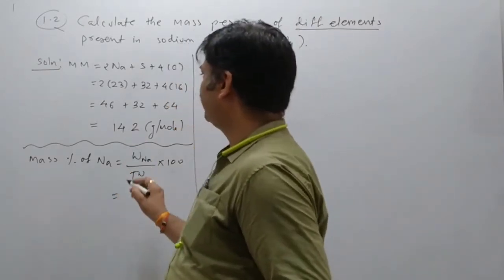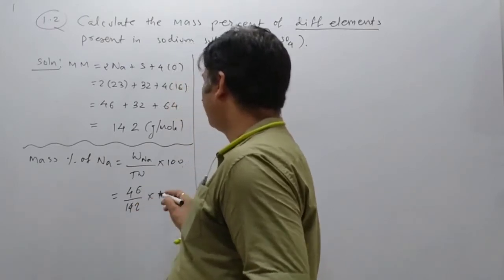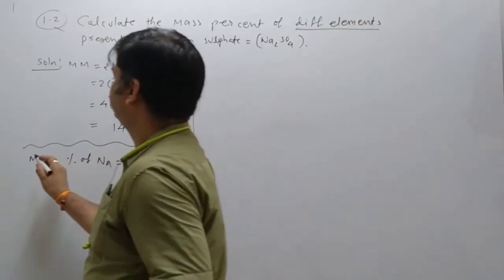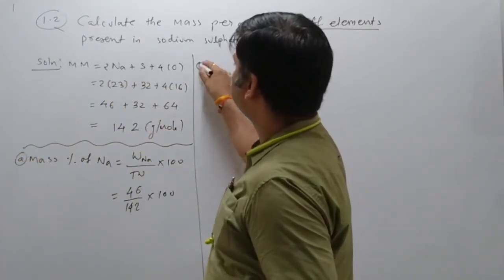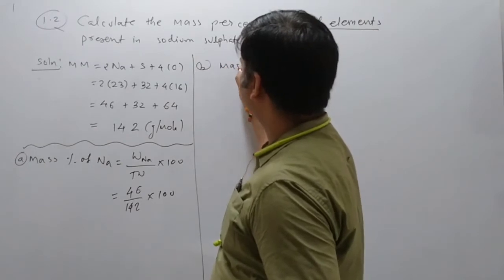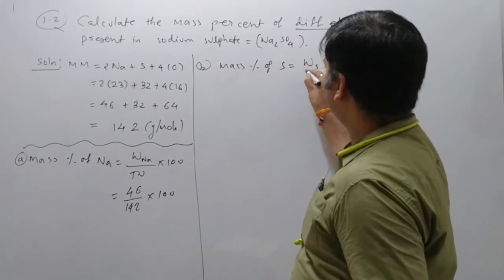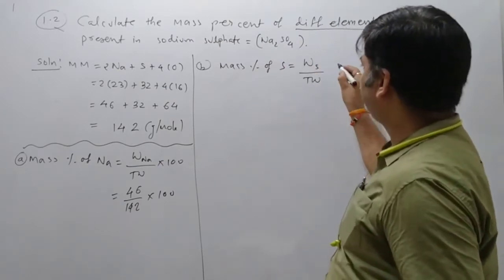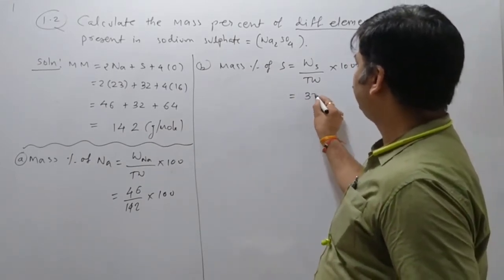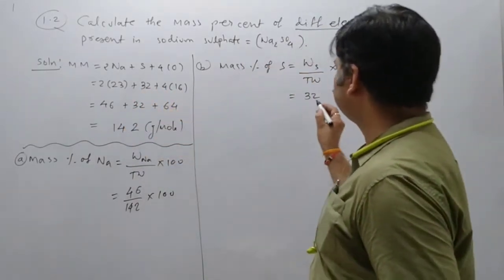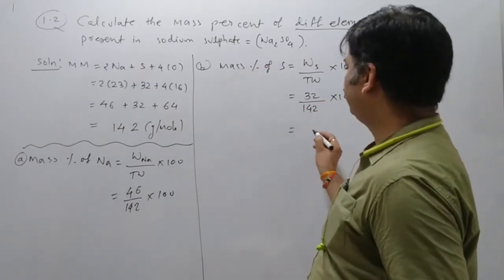The weight of sodium is 46, the total is 142, into 100. Similarly, this is A, mass percent of sodium. Second, mass percent of sulfur: the weight of sulfur upon total weight into 100. The weight of sulfur is 32, then 142 and 100 will be there.